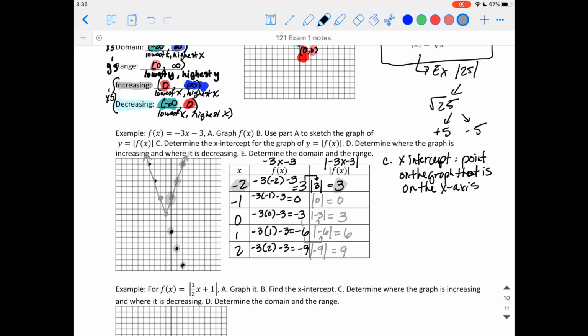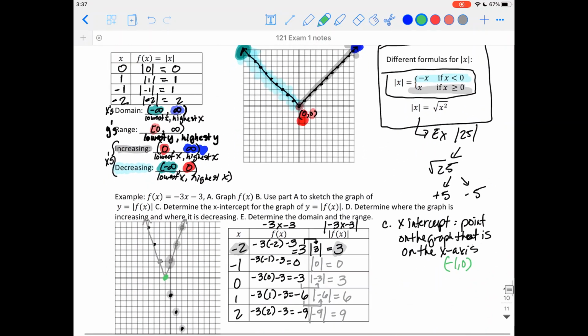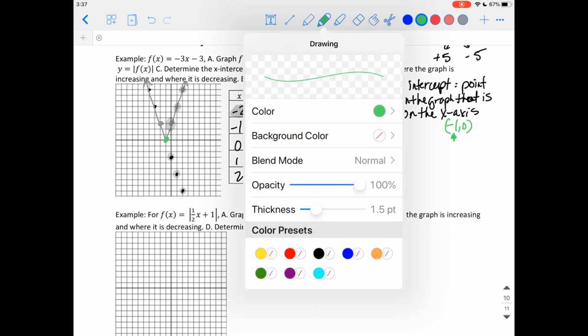The point that is on the x-axis is this point right here, and that's going to be negative 1, 0. If it asks you on the homework for the point, you're going to put this in green. If it asks you just for the x value, which is technically the zeros, you just put negative 1.